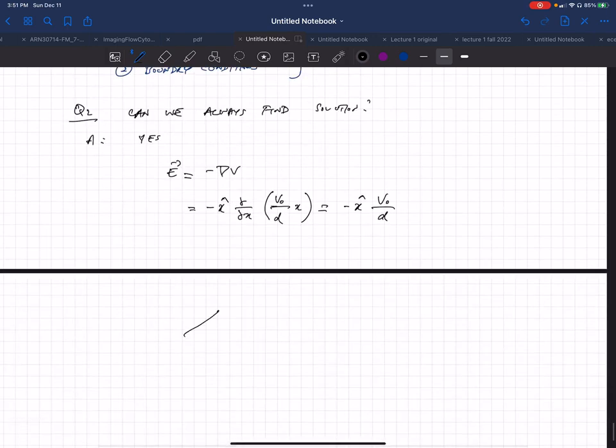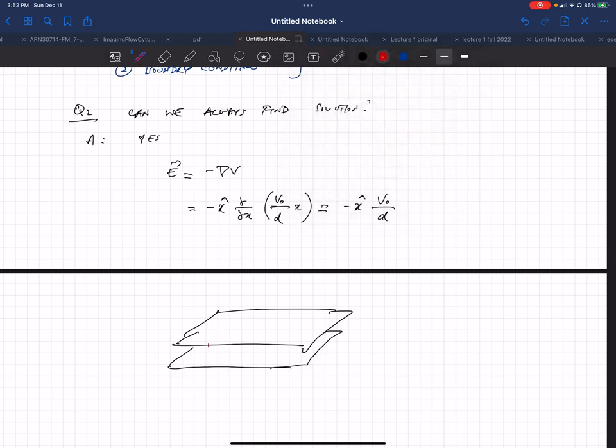Again, if you look at these parallel plate capacitors, we know that in this kind of situation, the electric field is always going to be perpendicular to equipotential lines. This is an equipotential line, and this bottom plate is an equipotential line.